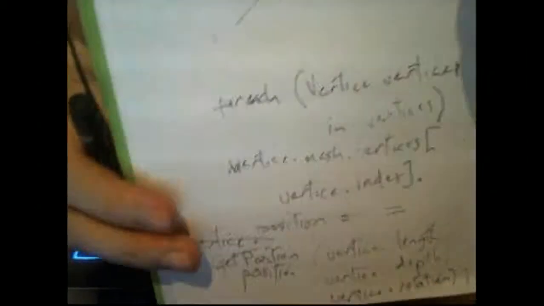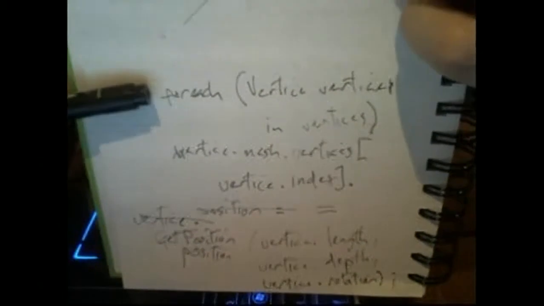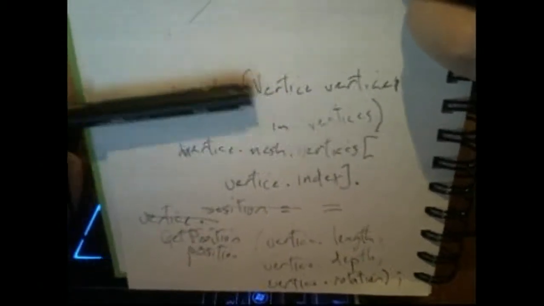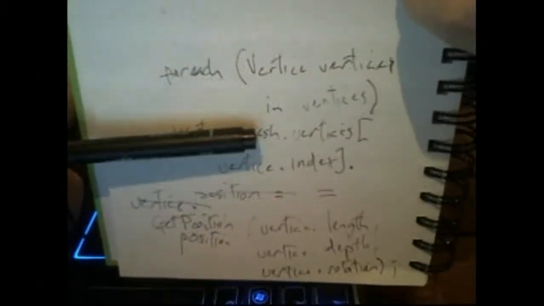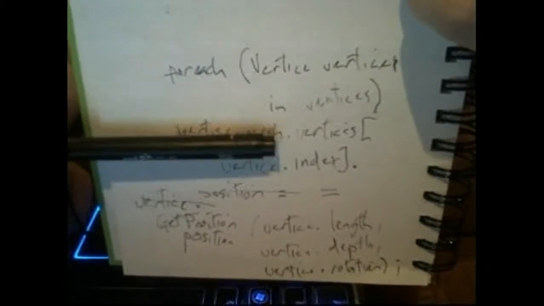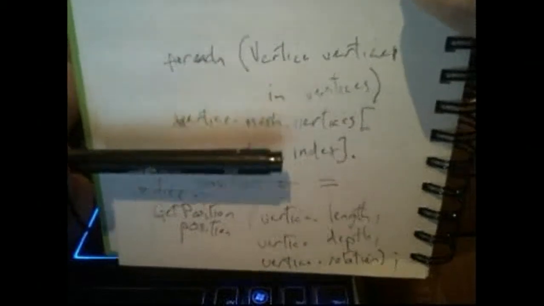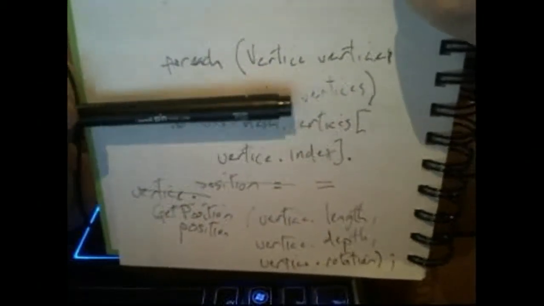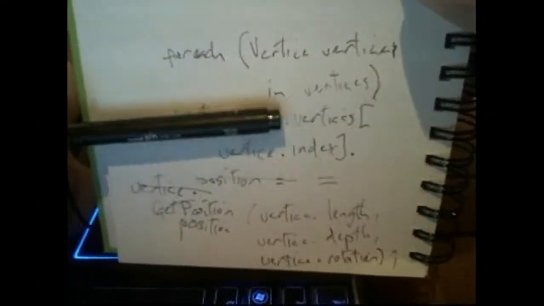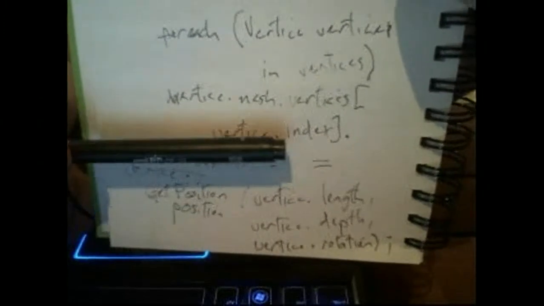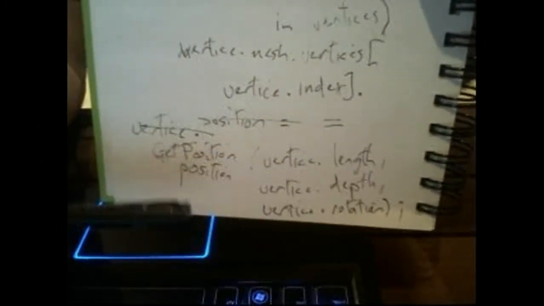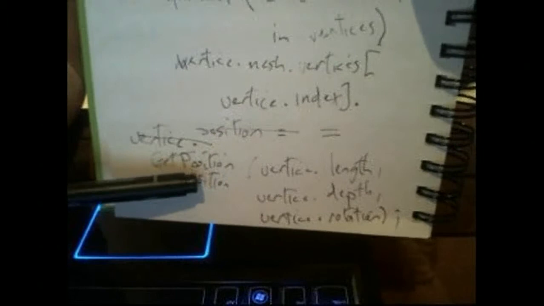Okay, that makes sense. So I'm sitting inside of a segment right now. All this code is sitting inside the segment. And I'm saying, the segment has a list of vertices. Loop through them, get the mesh out of it, and from that get the array of Vector3s which define the vertices, and then for each vertice get the index that it points to in this mesh, and then set that to the function position.